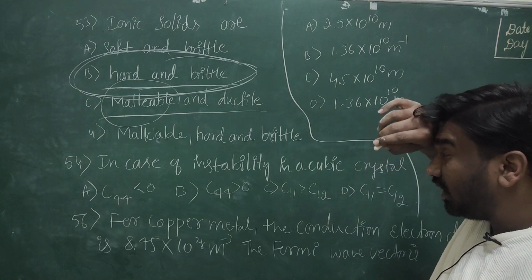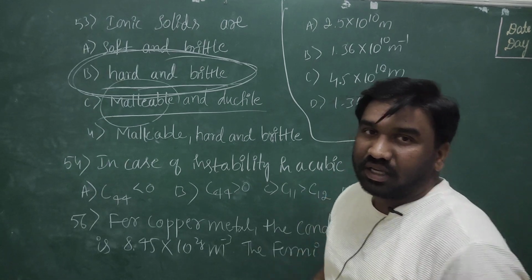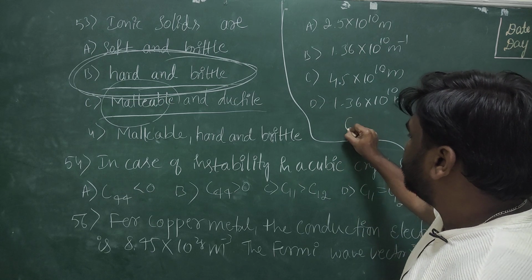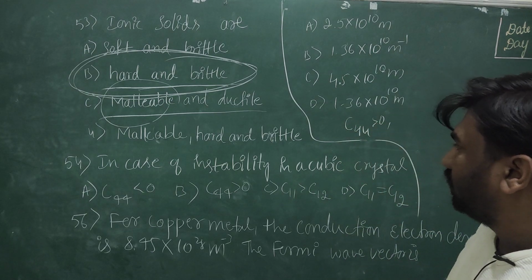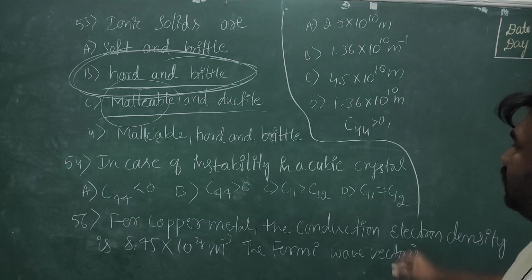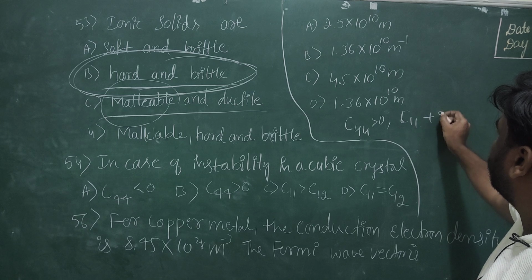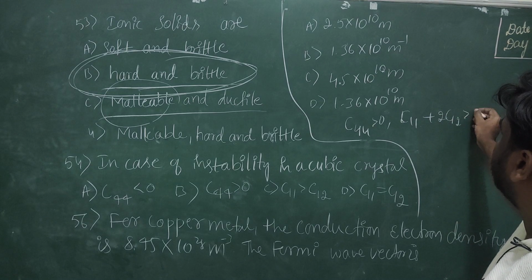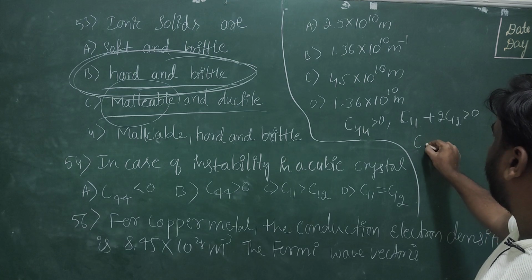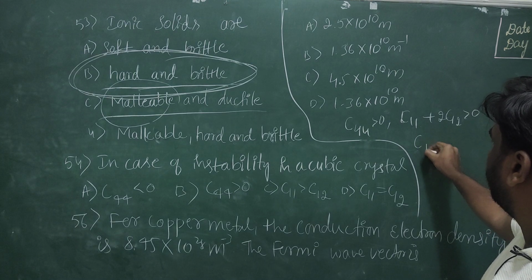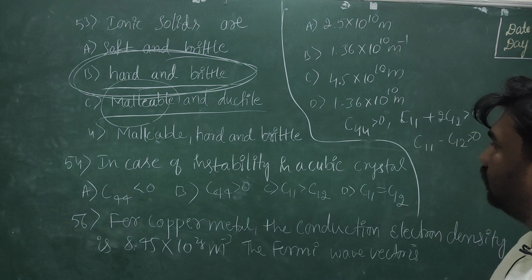So for a cubic crystal, the stability conditions say that C44 is greater than 0, C11 plus 2C12 is greater than 0, and C11 minus C12 is also greater than 0.